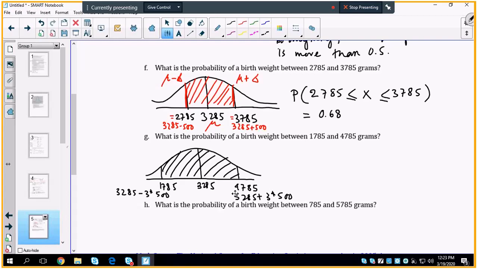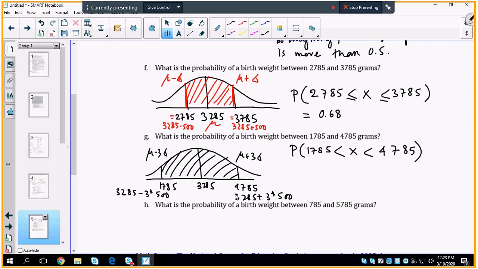Think about the left hand point, it is mu minus 3 sigma. And this is mu plus 3 sigma. So you want the probability between 1785 and, as usual, I can use strict inequality or less than or equal to, does not matter, and this one I want 4785.